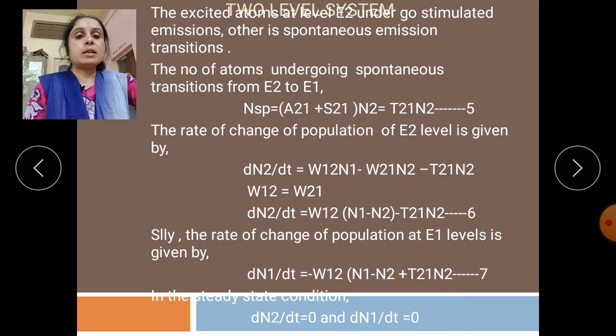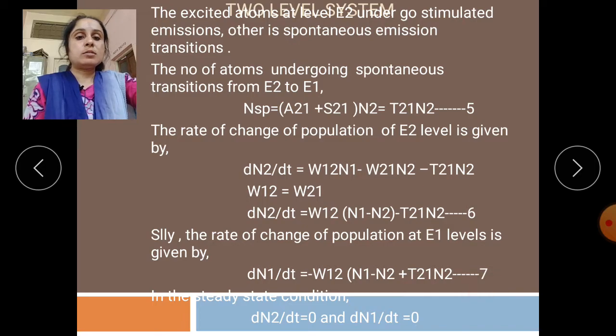Similarly, we can get the population change between the ground state and the excited state. The rate of change of population in the E1 level is given by dN1 upon dt is equal to W12 (N1 minus N2) plus T21 N2, equation 7.